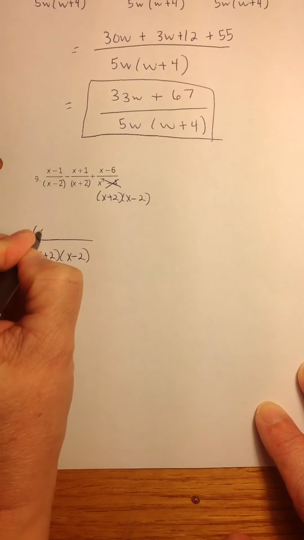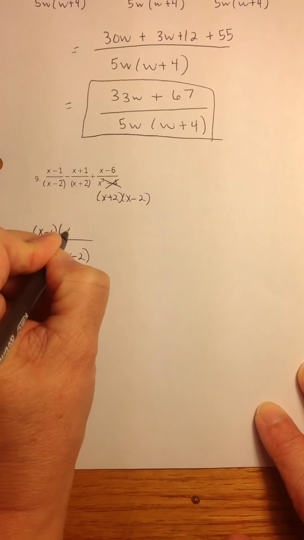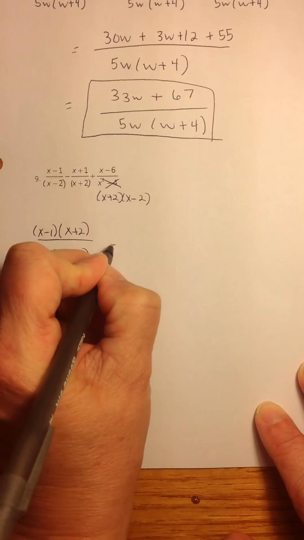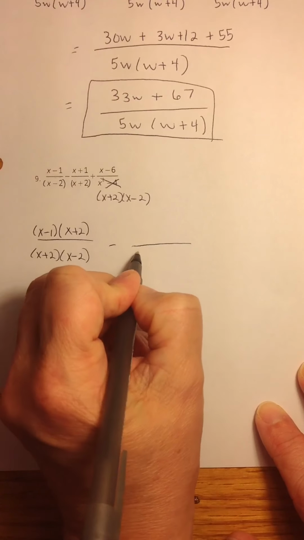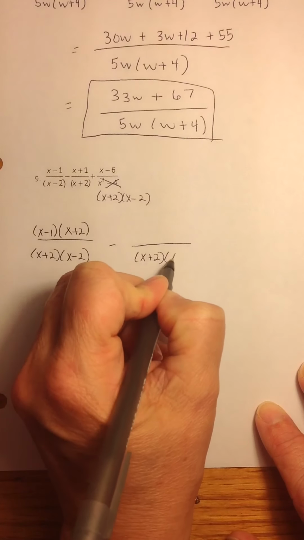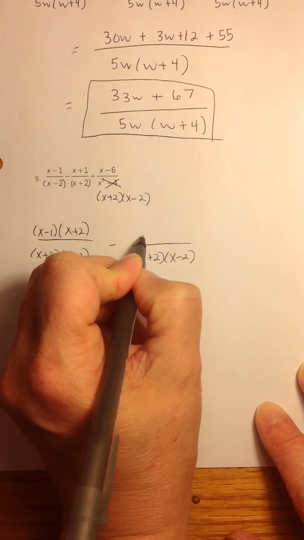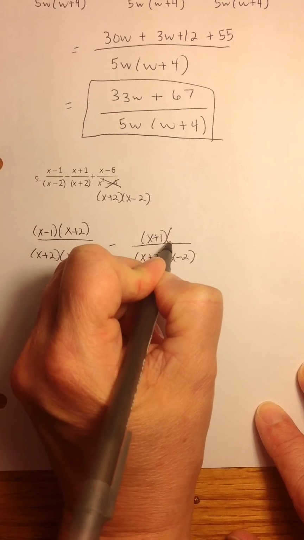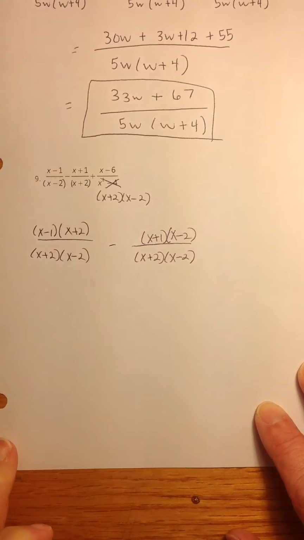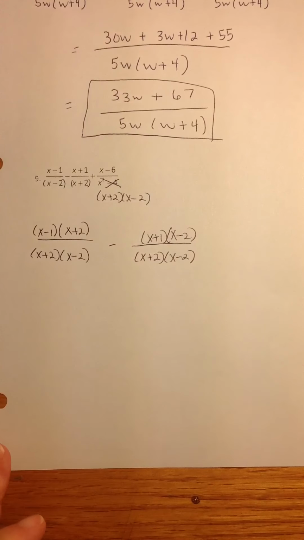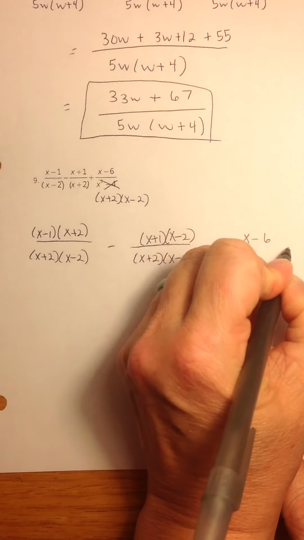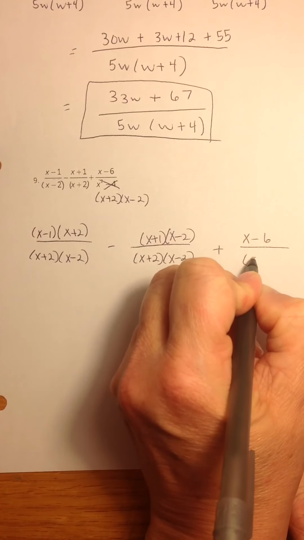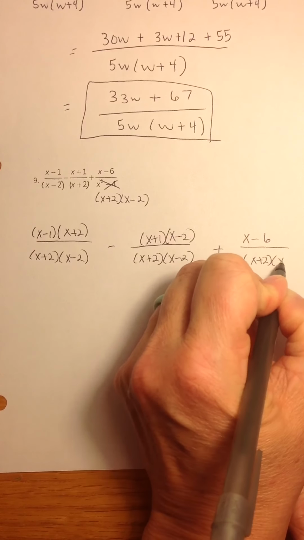So I'm going to take the entire x minus 1 times x plus 2 minus, the middle fraction is missing x minus 2. So I'm going to take x plus 1 times x minus 2. The third one already has both of those, so I'm just going to copy it down. x minus 6 over x plus 2 times x minus 2.